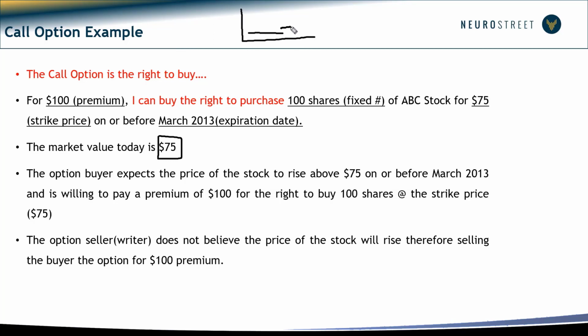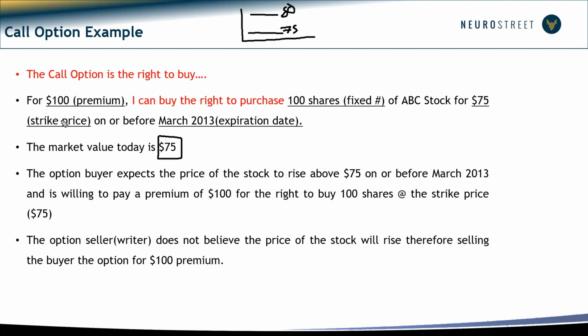Shares are trading here at 75. And then you're saying that, okay, in a week or so, whenever that date is, you expect the price to be 80. Okay? Keeping it super simple for this example.